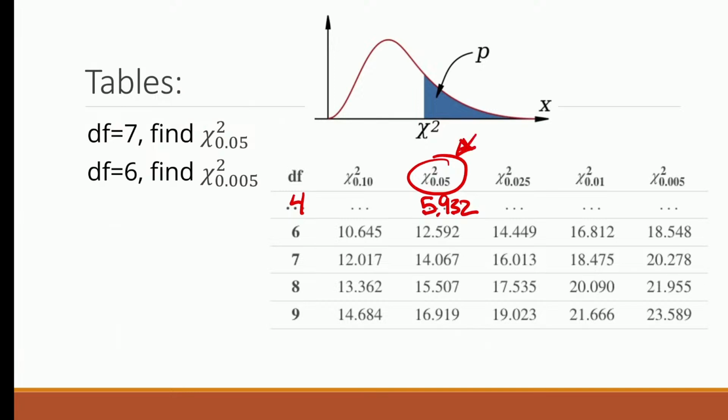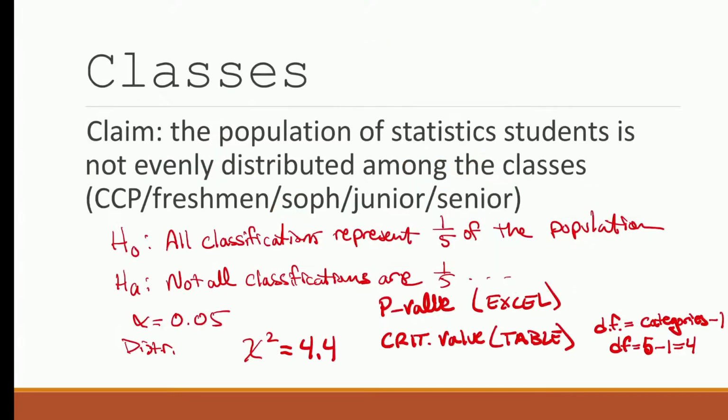I would use this column because that is my alpha level. I can say for sure that it's going to be somewhere in that range. I just don't know it offhand. I don't have this table memorized. And I left out part of the table, and I should have put it in.